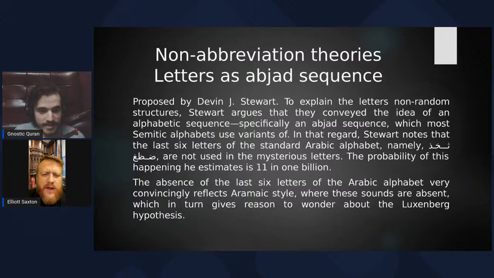Yeah, exactly. And being absent might give us reason to believe that this is coming from some foreign material or language. Yeah, from some parallel Semitic language, either Nabatean, Aramaic, or maybe Hebrew, or maybe Syriac, in the case of the Christoph Luxenberg hypothesis.